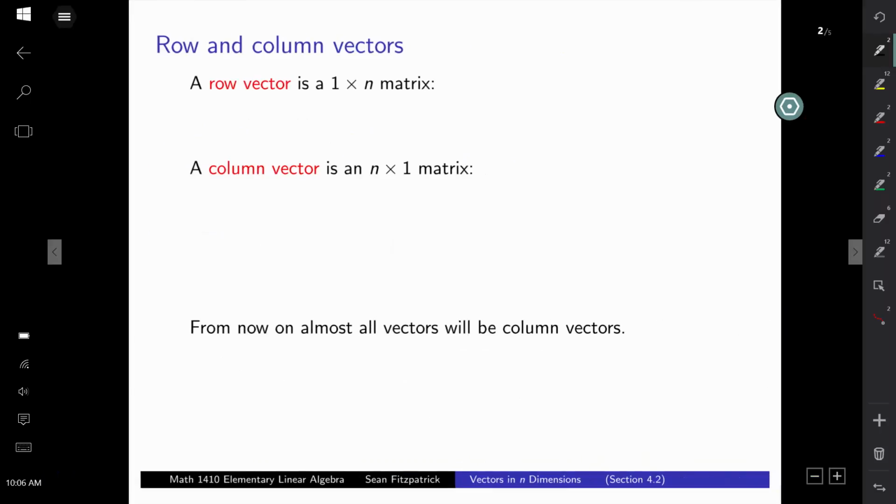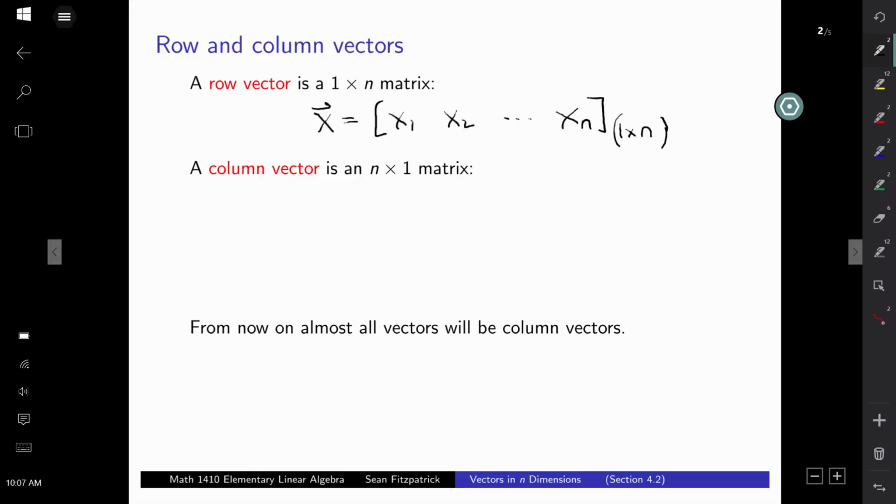Okay, so there are two types of vectors that we run into: row vectors and column vectors. Row vectors we don't see that much of. So a row vector would be something that looks like, say, x equals x1, x2, down to xn. Right, so it's a 1 by n matrix.